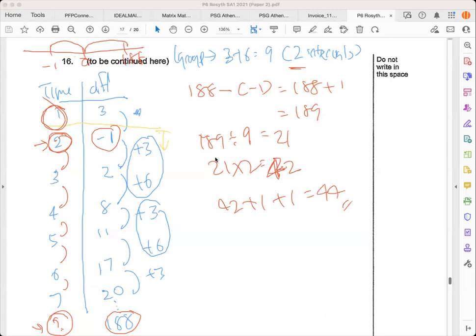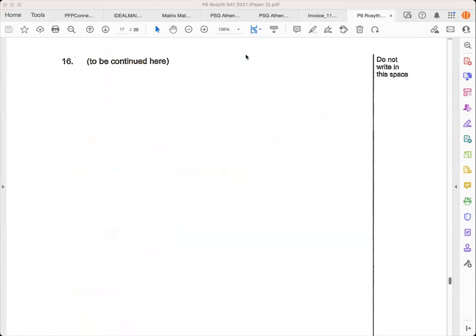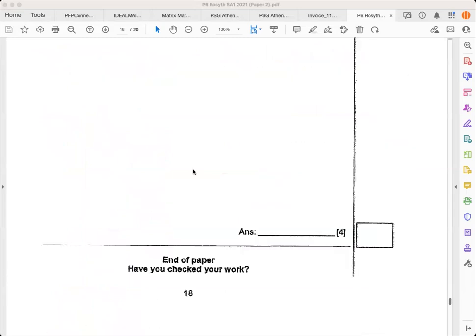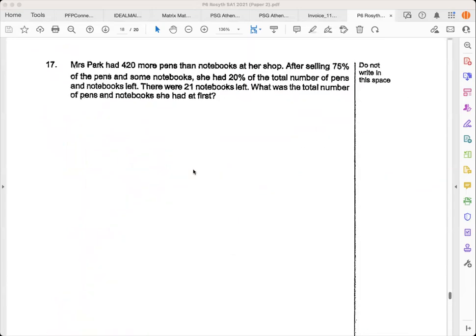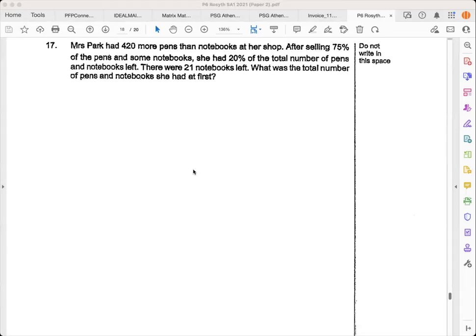Let's continue with the last question. So this last question is a little bit difficult. Pay attention. Mrs. Park had 120 more pens than notebooks at her shop.